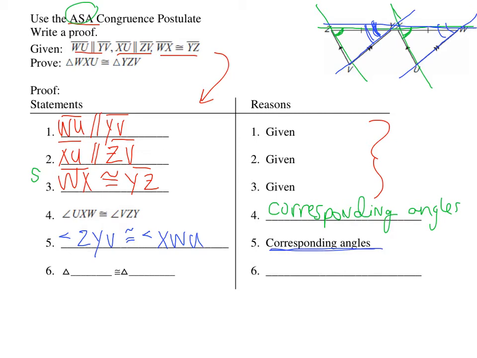So now we've got an A and another A, so two sets of angles. So we have a side and two angles, but you have to look at where they're located. Our side that is mentioned is between the two angles. So we can say that these two triangles are congruent by angle, side, angle, and then our proof statement we're going to be copying down right here. So we have triangle WXU is congruent to triangle YZV.